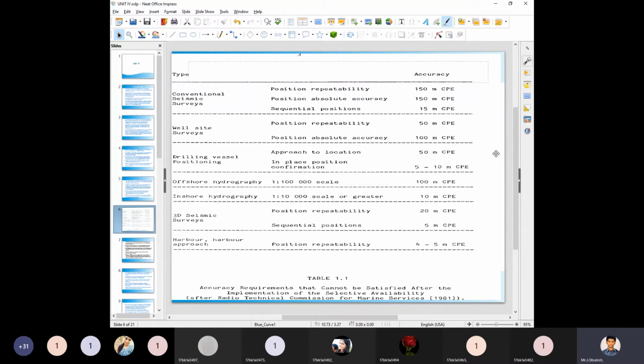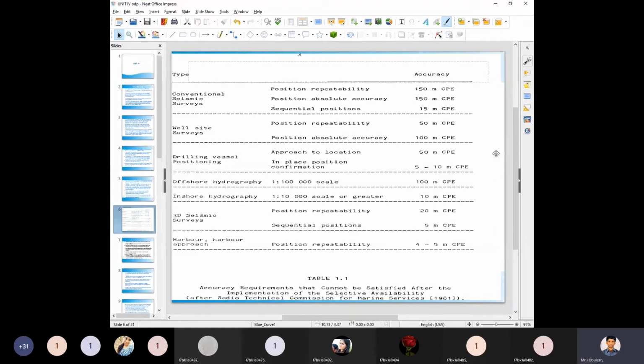Three-dimensional seismic surveys. First we discussed conventional seismic surveys; here we are going to discuss three-dimensional seismic surveys. In that we have two: one is position repeatability and the other is sequential positions.